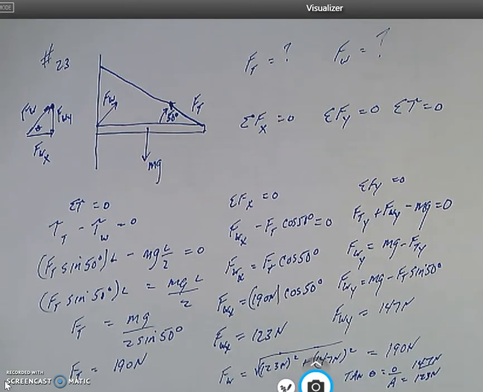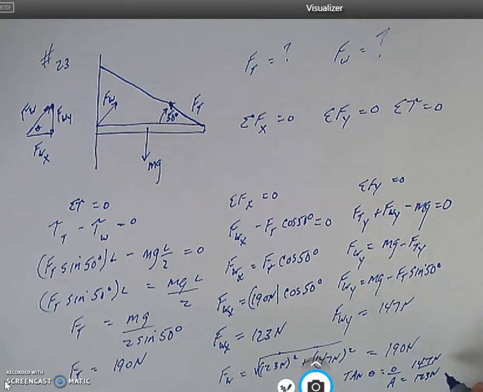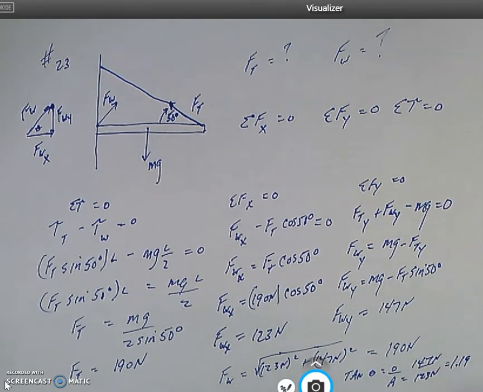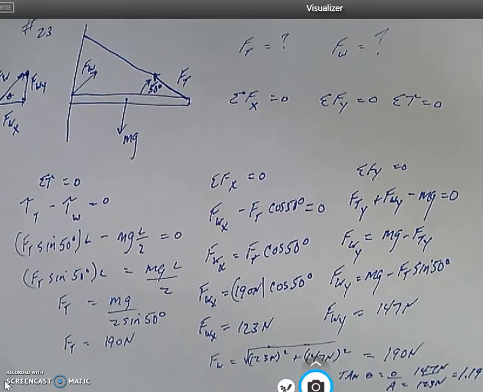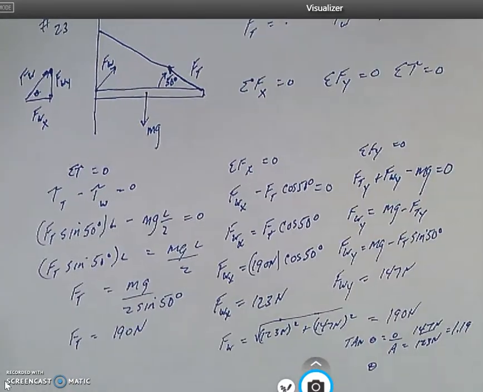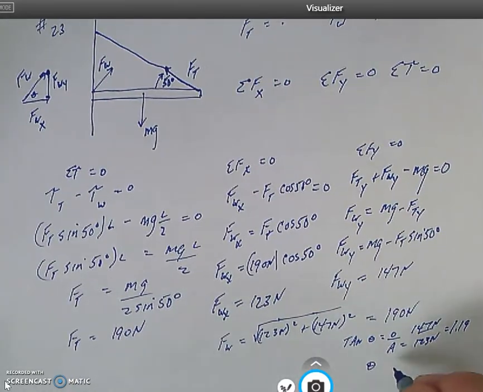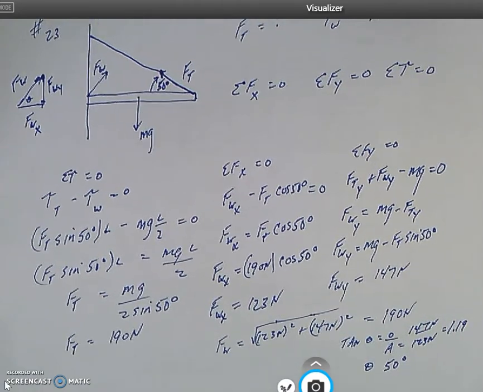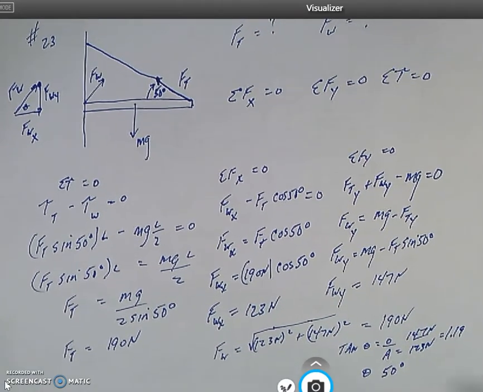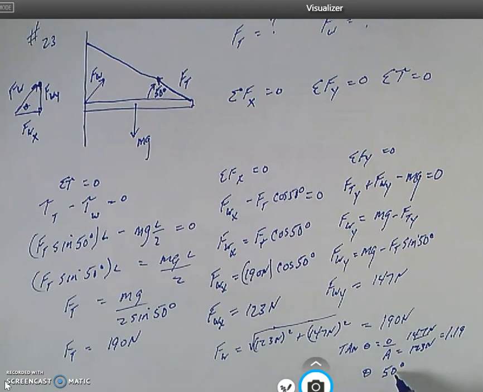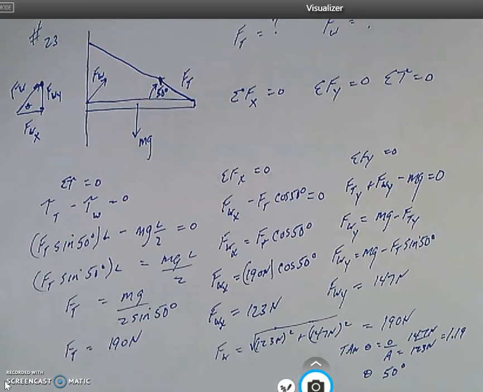That's going to be 1.19, and therefore the angle would be about 50 degrees. So this wall's force is roughly 190 newtons at 50 degrees above the horizontal.